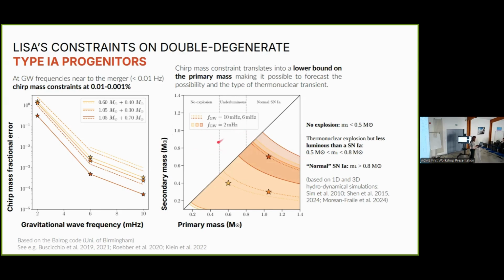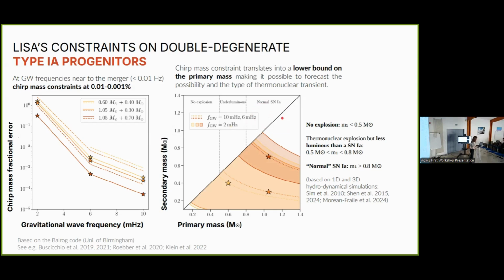So if we place a constraint in this regime, that would mean that we won't see an explosion. While for primaries above 0.6 or so, in 3D hydro simulations, we know that they can detonate and produce some sort of thermonuclear transient.